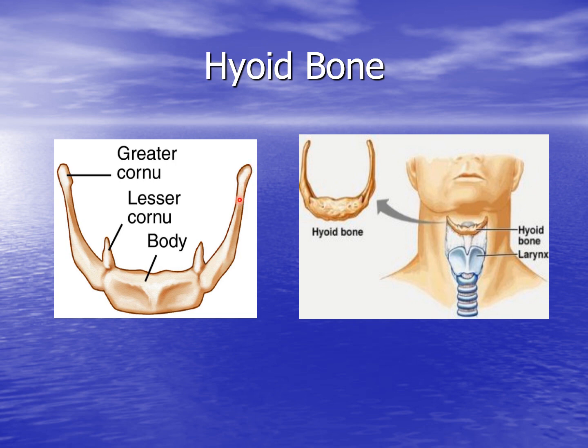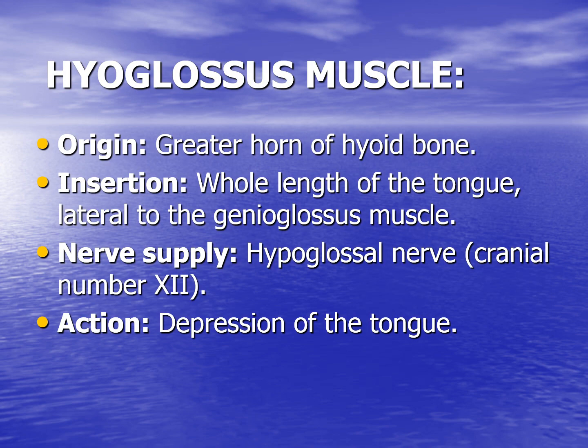This is the greater horn of hyoid bone, and this is the lesser horn. It lies in the upper part of the neck. This is the origin of the hyoglossus, insertion, nerve supply, and action.